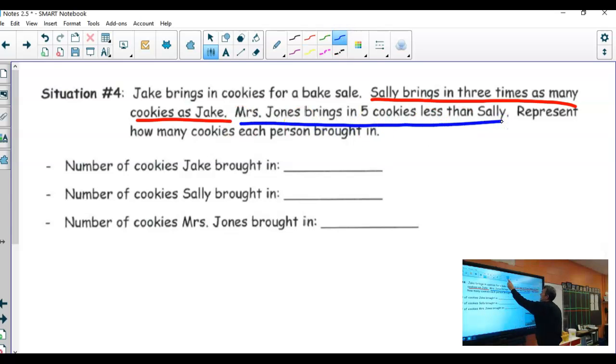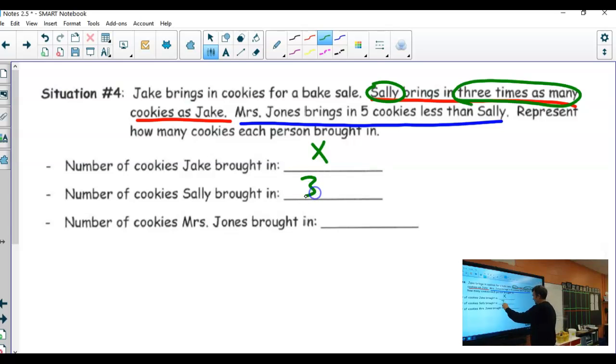I want to represent how many cookies each person brought in. All right, so the number of cookies Jake brought in, we don't know. Let's make it X. Now Sally is compared to Jake. She brings in 3 times as many cookies as Jake. So 3 times X. That would be 3X, right?